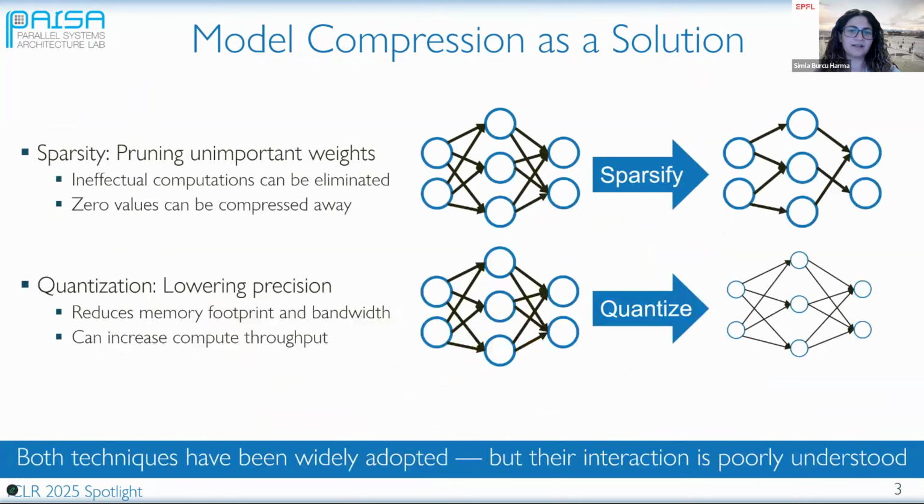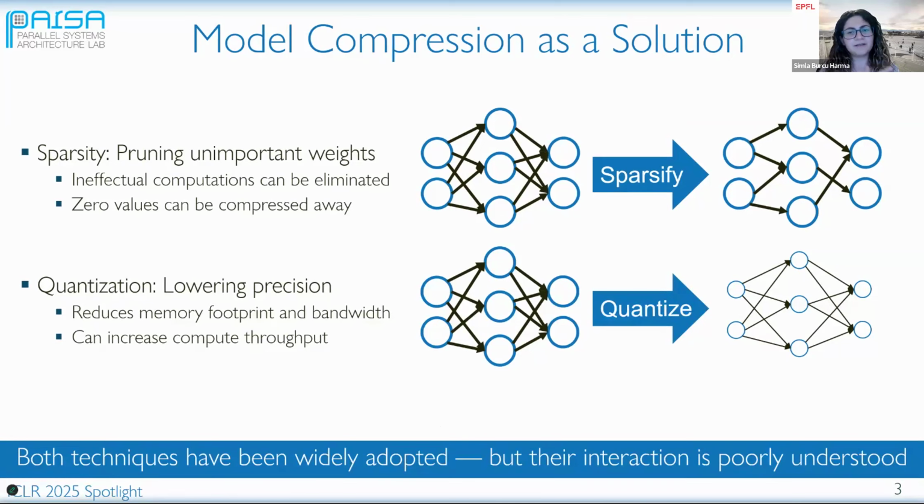We focus on the two popular model compression techniques, sparsity and quantization. Sparsity works by pruning less important weights, and by this, the zero values can be compressed away to save memory. And also the ineffectual computations like multiplication and addition by zero can be eliminated.